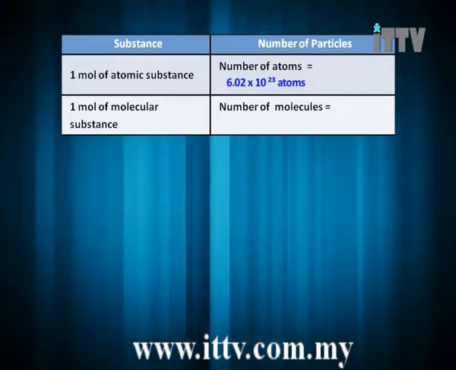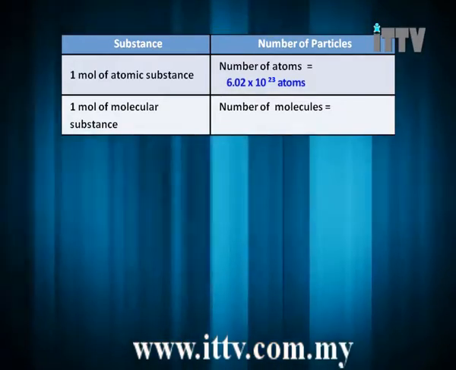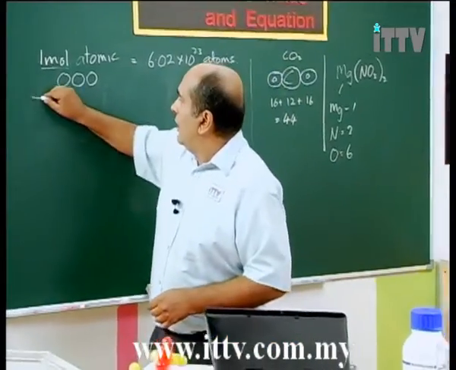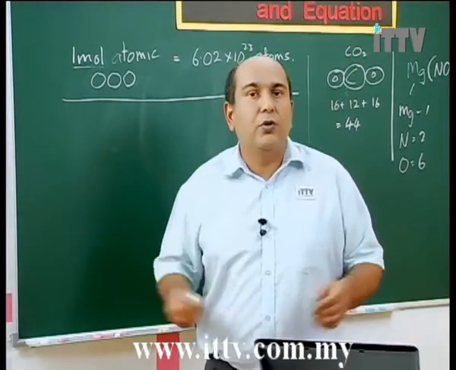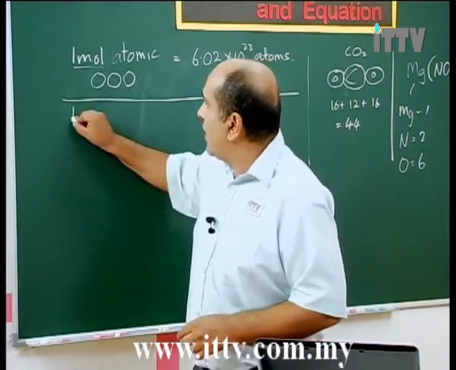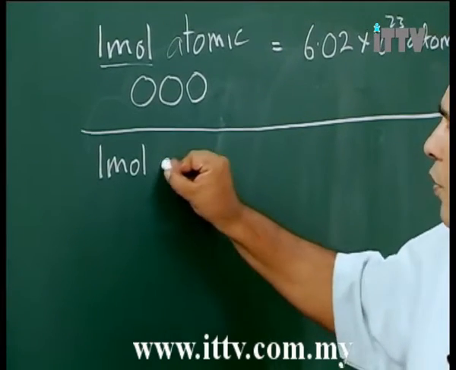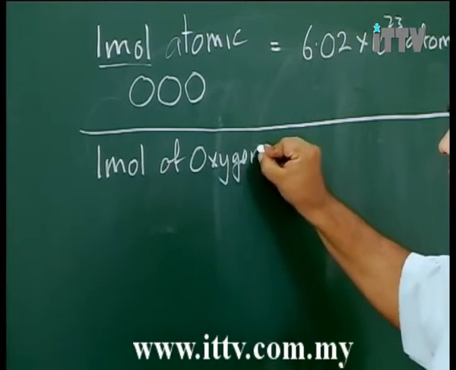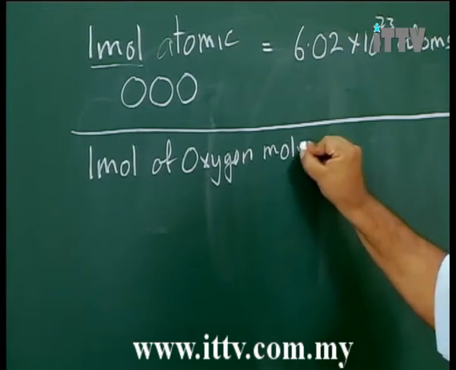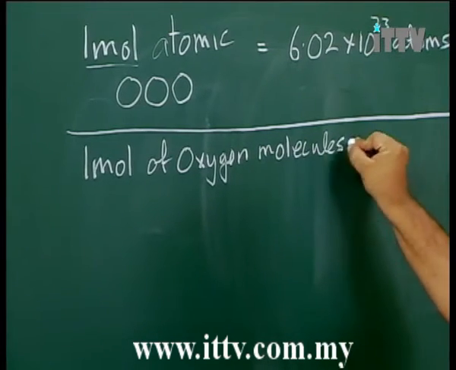1 mole of molecular substance. Now, if we are looking at a molecular substance, let's take a simple molecule like oxygen. If I have 1 mole of, let's say, oxygen molecules.